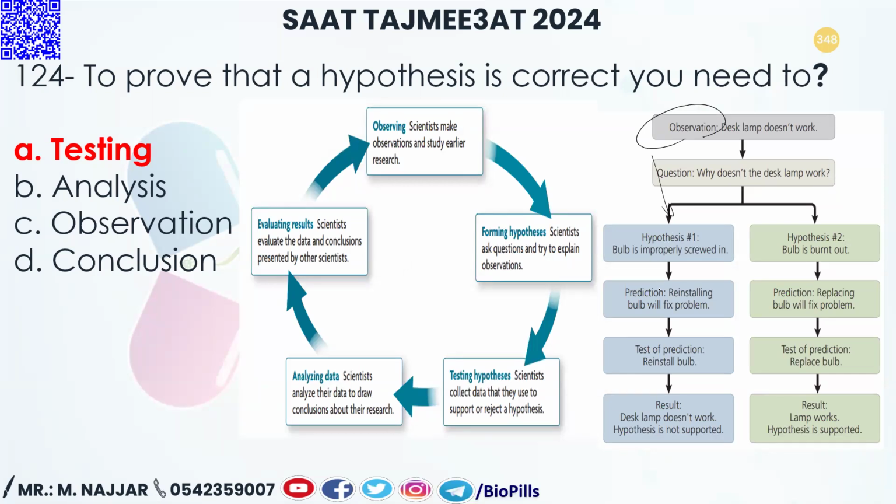After the hypothesis, you will predict, then test the hypothesis, then evaluate it. Both forms are working, by the way. Observing first, then making a hypothesis, and testing the hypothesis, then analyzing the data, then evaluate, then conclude. Correct.